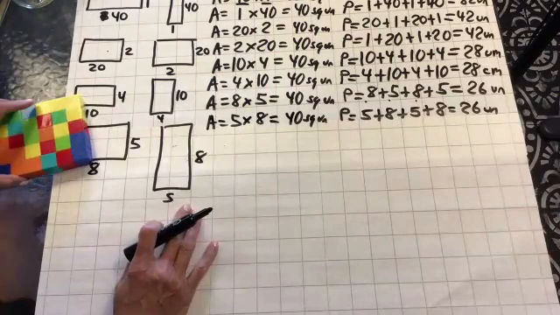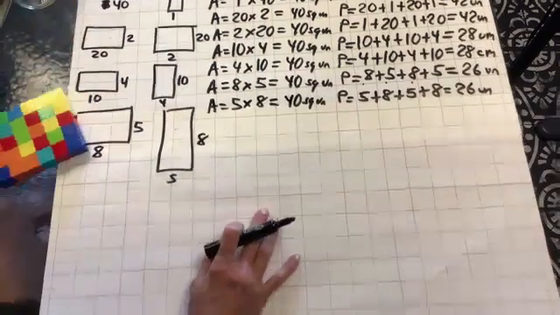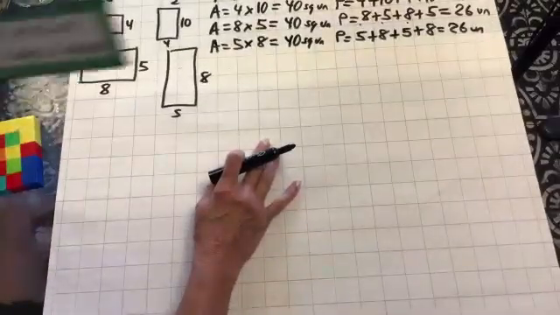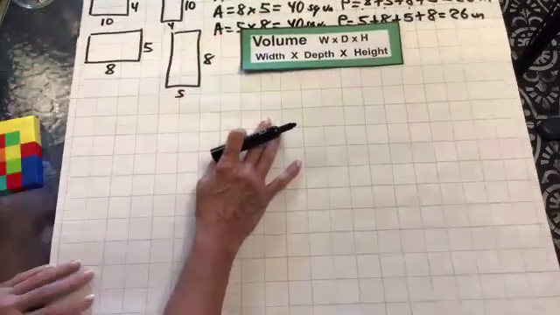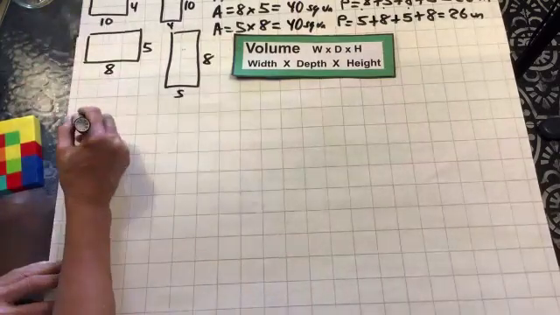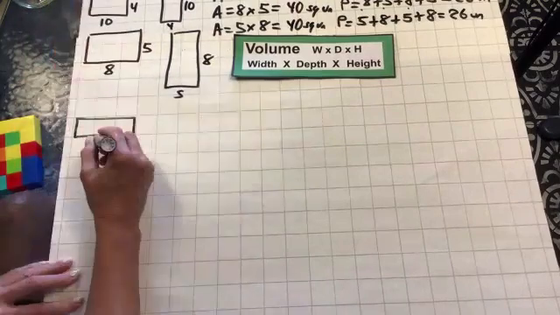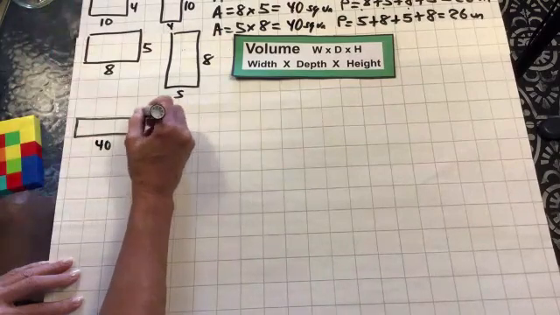All right. Now we're going to be cooking into our volumes. Volumes get crazy. Let's see how we can do with our volumes and save space here on our paper. So I'm going to put that up there. And the first one we're going to do is, we're just redrawing what we drew up there, making it 40, and it's going to be 1 deep by 1 tall.